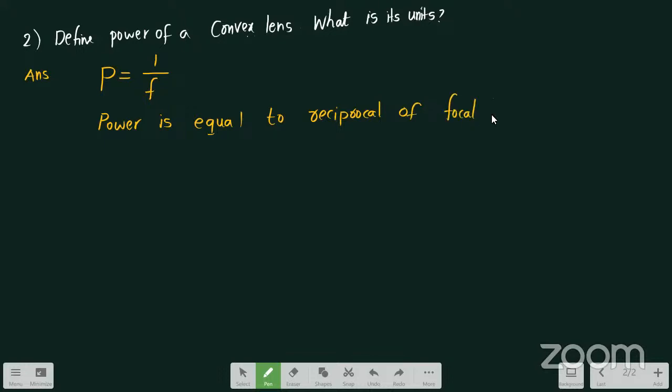In many books, you will find different types of definitions. But if you write this definition, it is more than sufficient, because this is a very short answer type question. So how can you define power of a convex lens? Power of a convex lens is equal to what? Reciprocal of focal length. And what will be the unit of power? The unit of power is given as dioptre.